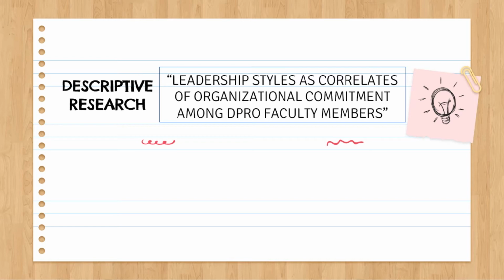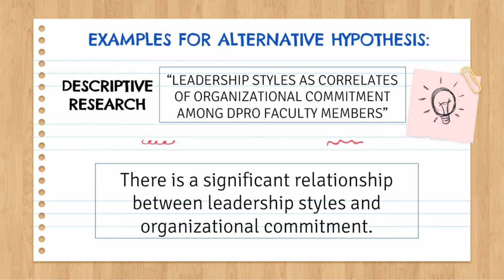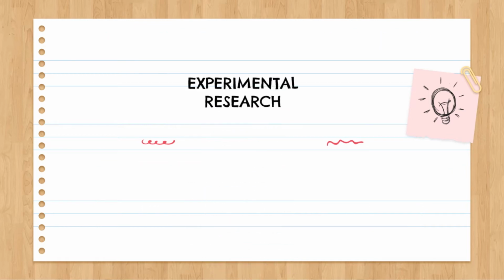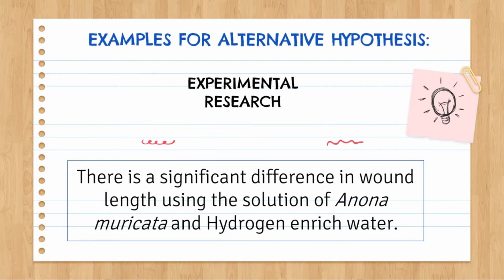What could be the alternative hypothesis on this? Let's see. There is a significant relationship between leadership styles and organizational commitment. Good job! You probably answered it right. And the example for experimental research is: there is a significant difference in wound length using the solution A of annona muricata in hydrogen-enriched water.